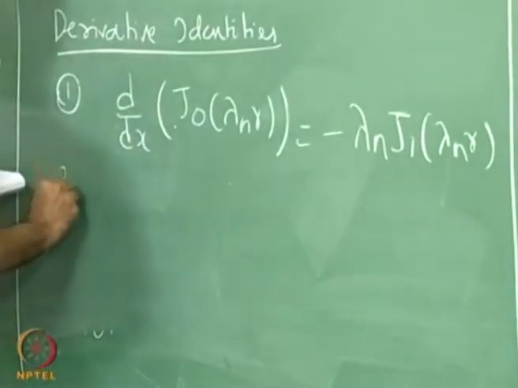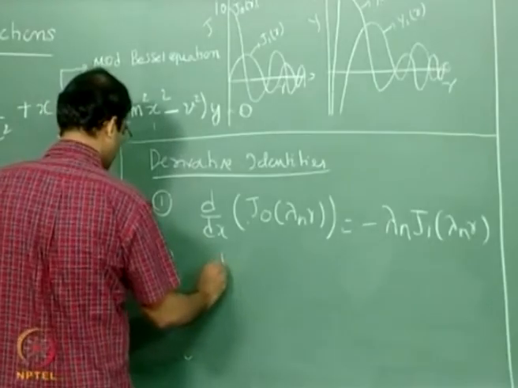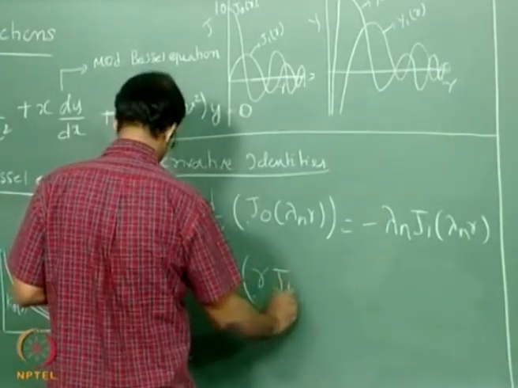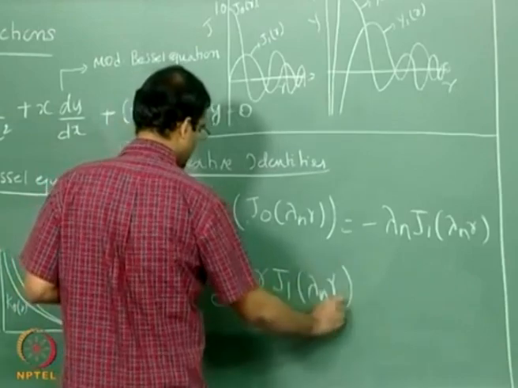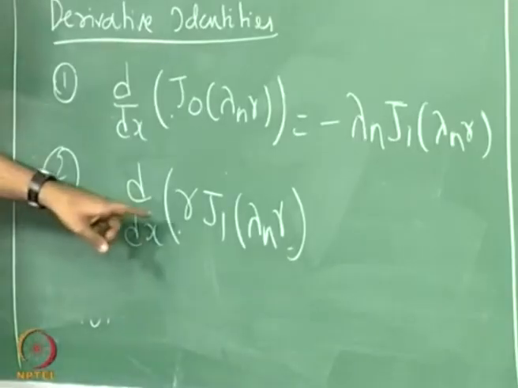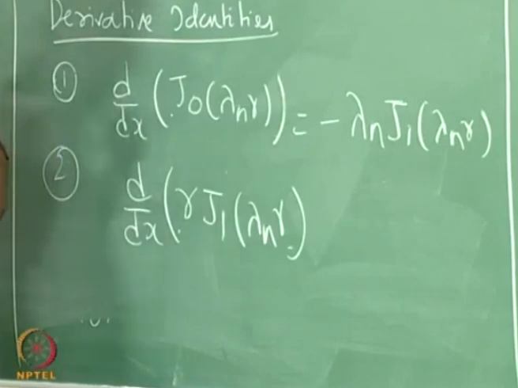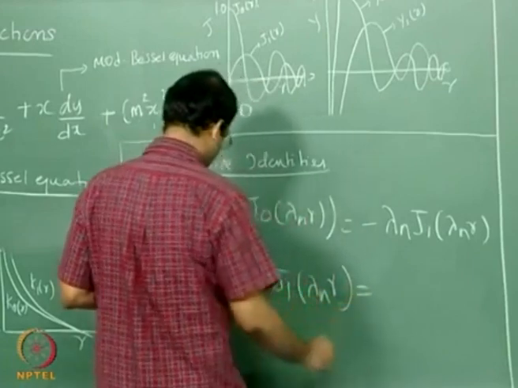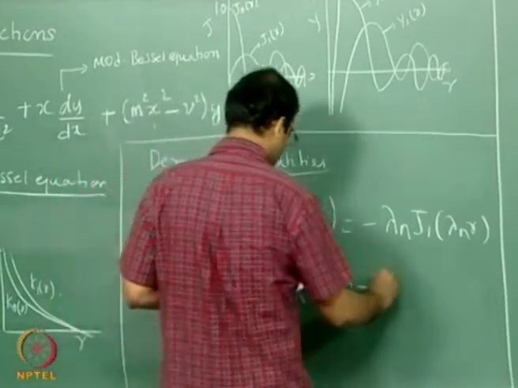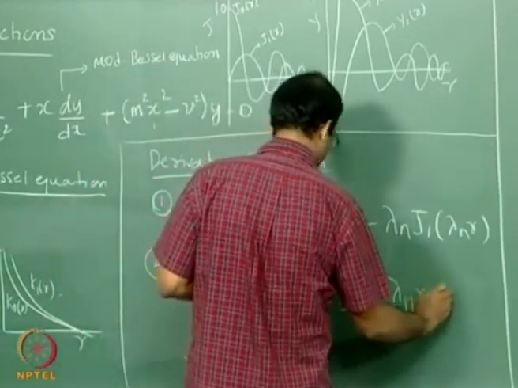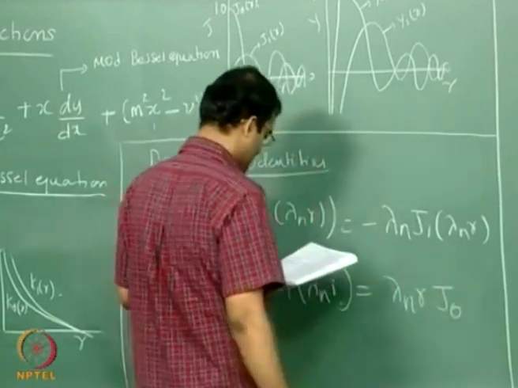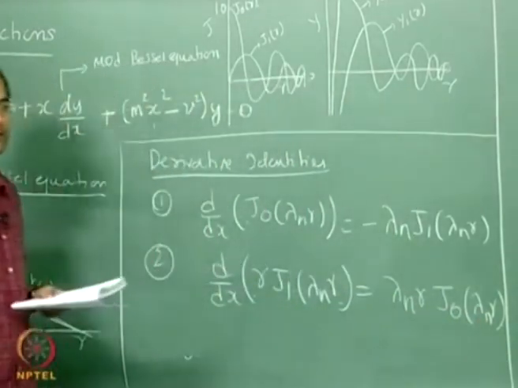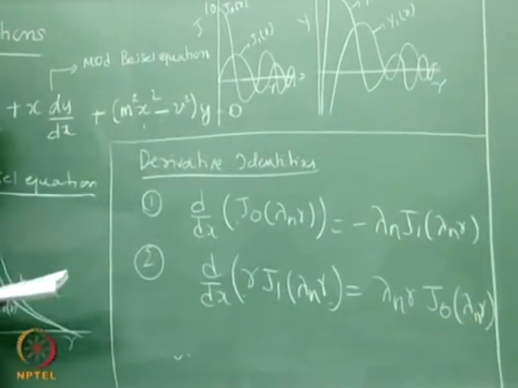The second identity, if you differentiate r into J1 lambda n r, so if you multiply r with the Bessel function of the first kind of the first order, you will be getting lambda n r into Bessel function of the 0th order, lambda n r. This is your second identity. We will use all these identities.